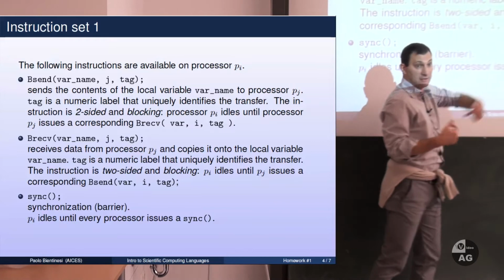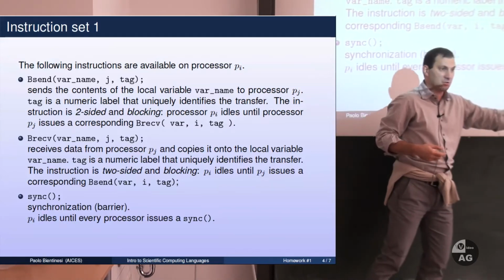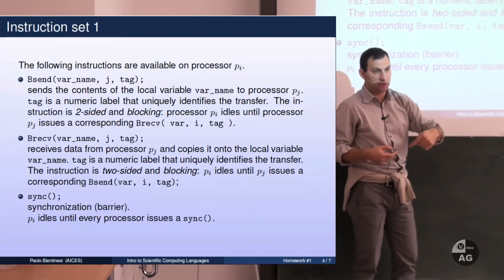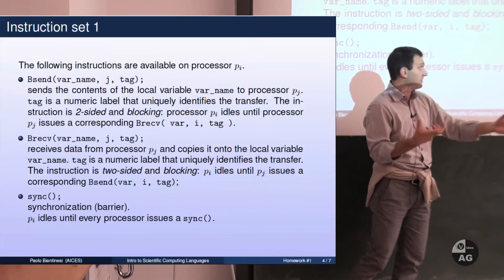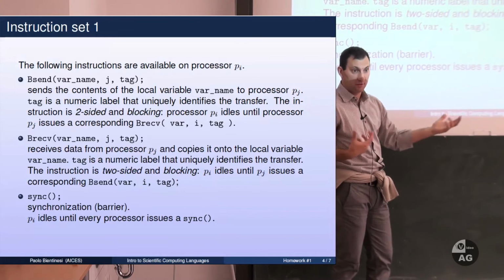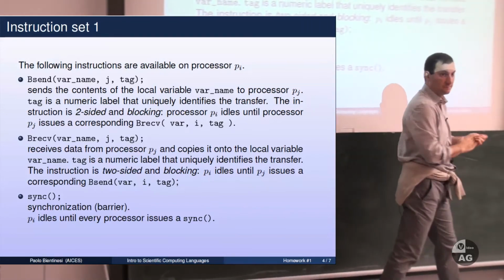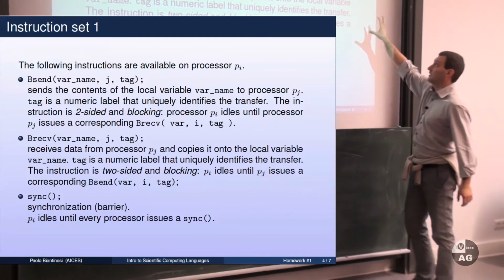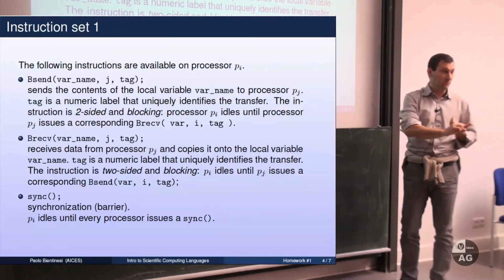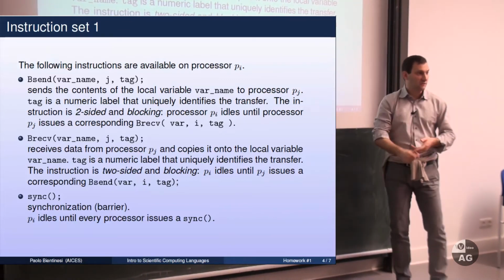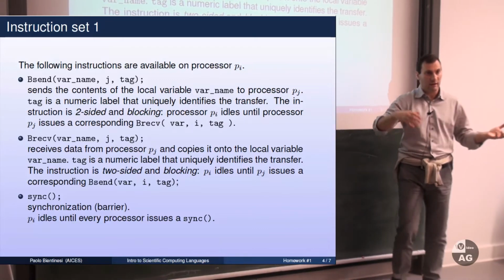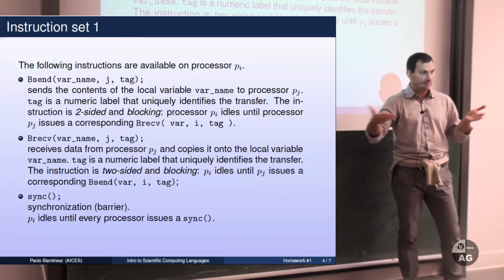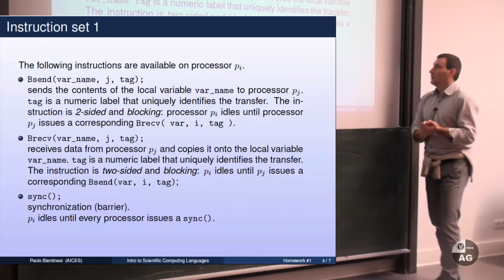But if the tag is 100, okay, processor I wants to send to processor J, J wants to receive from processor I, the tag number is the same, the data is actually transmitted. Okay, this is the semantics. And I explain exactly what two-sided means. Two-sided means that the communication only happens if the send and the receive are posted together, okay?